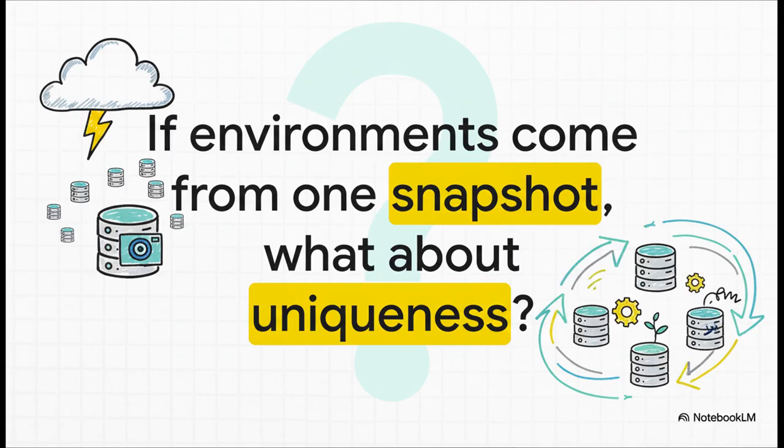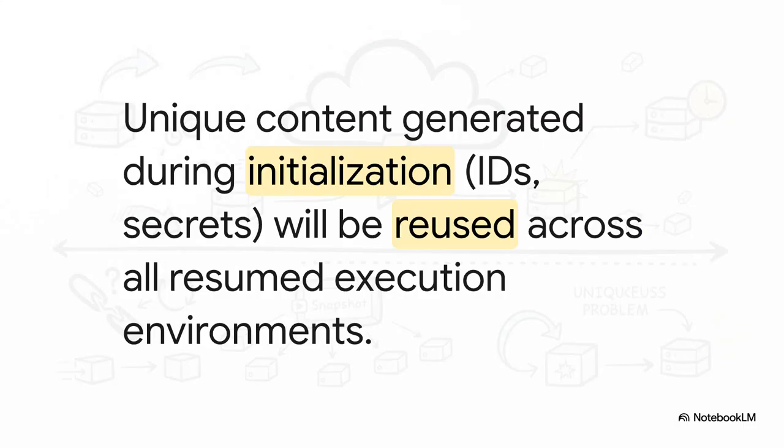Think about a random number, or a temporary secret, or a unique ID you generated during initialization. Well, it's going to get duplicated. Every single time. And that, my friends, can seriously mess up your application. Can you imagine a bunch of different instances all trying to log with the same unique ID? Or even worse, a security token that gets reused across multiple invocations? Yeah, that's not good. You have to handle this.